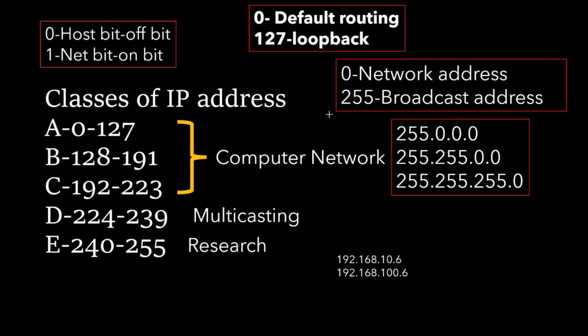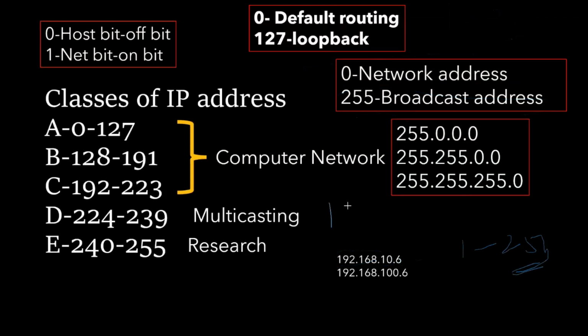So on a PC you don't assign 255. You have to use the range from 1 to 254. Suppose you are using the 192.168.10.0 range: which IPs can you assign to a PC? From 1 to 254.